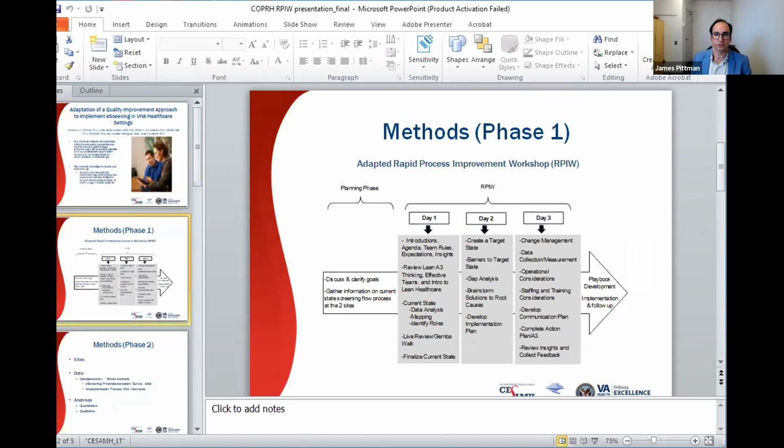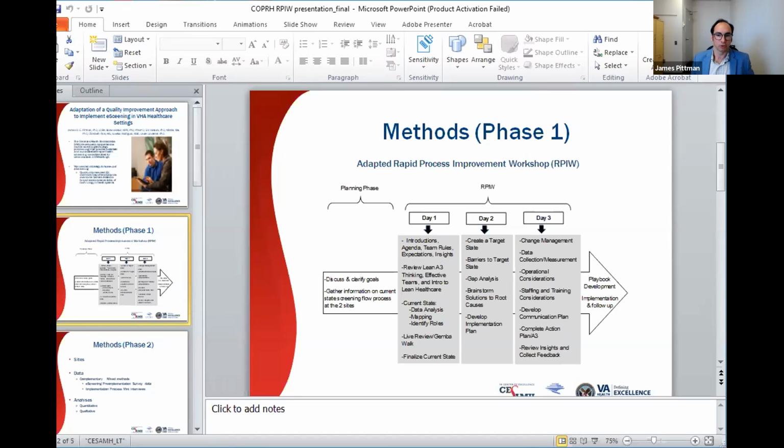So each VA healthcare system has a systems redesign program, which commonly uses a process called a Rapid Process Improvement Workshop, or an RPIW. This comes from Lean Six Sigma methodology, and it's a process in which stakeholders are brought together to systematically analyze a process in a healthcare system, in this case, to look for inefficiency and waste, with the goal of improving the quality and efficiency of the processes and the care that's being provided.